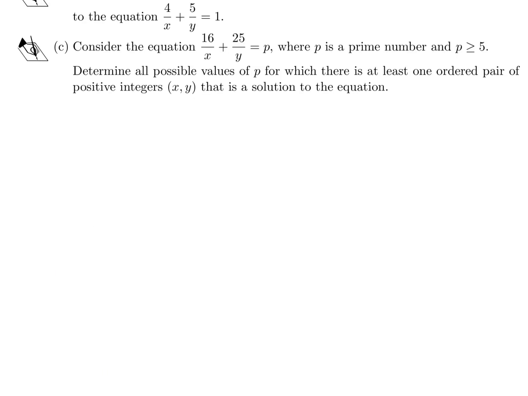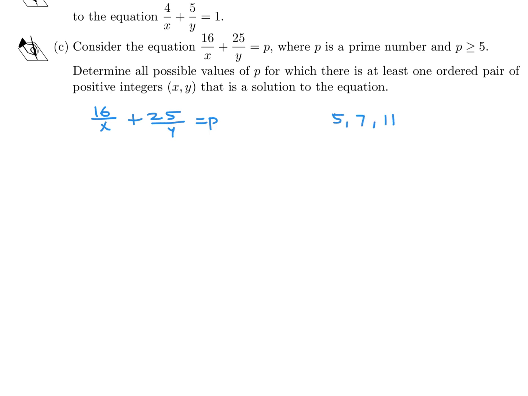And the final part: consider the equation 16 over x plus 25 over y is p, where p is a prime greater than or equal to 5. Determine all possible values of p for which there is at least one ordered pair of positive integers x, y that is a solution to the equation. All right. So first of all, p is greater than or equal to 5, so 5, 7, and so on, all those primes.